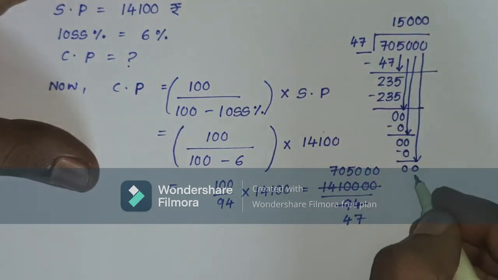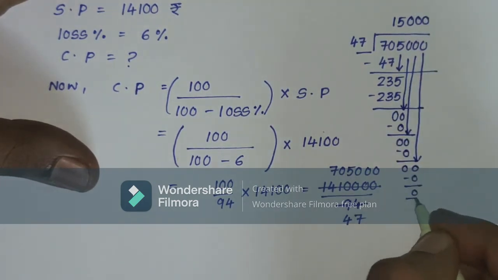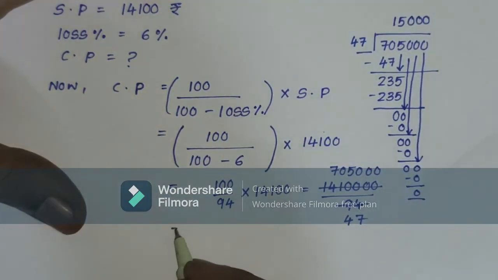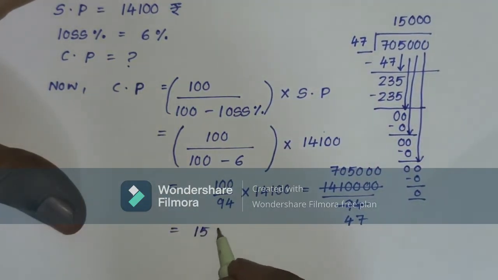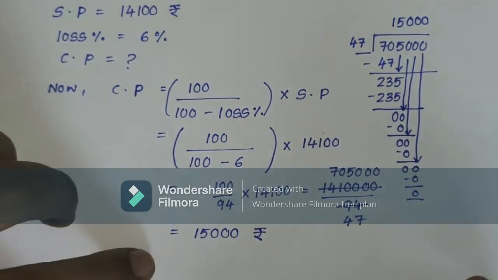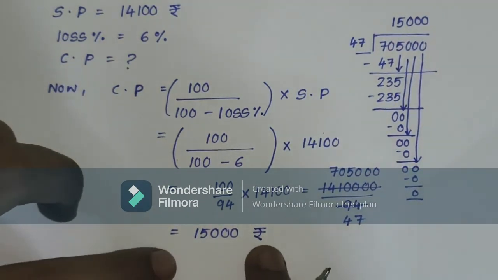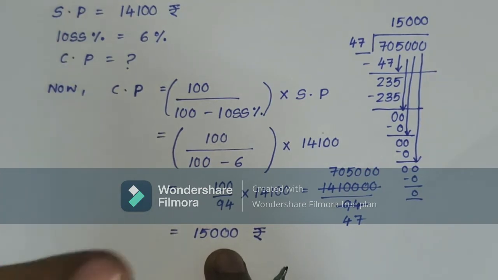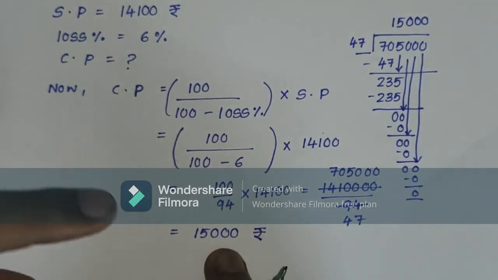Student, that means you got 15,000 as the answer when you simplify this. So 15,000 is my cost price, student. 15,000 rupees is my cost price. For this amount he has purchased. He has purchased for 15,000. Therefore, he received a 6% loss.